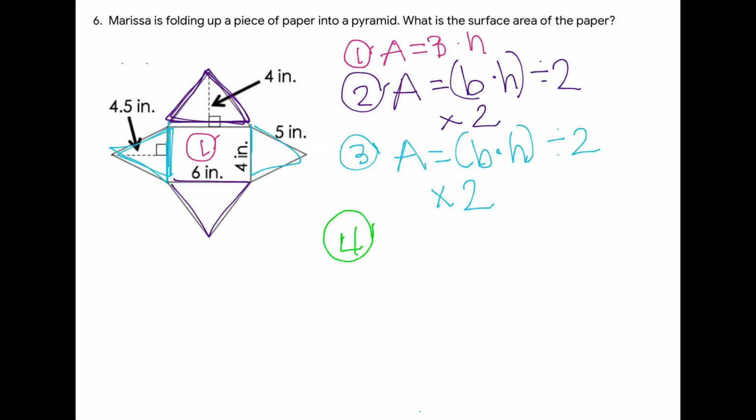And our last step is to add this area plus this area plus this area, and you will get your total surface area.